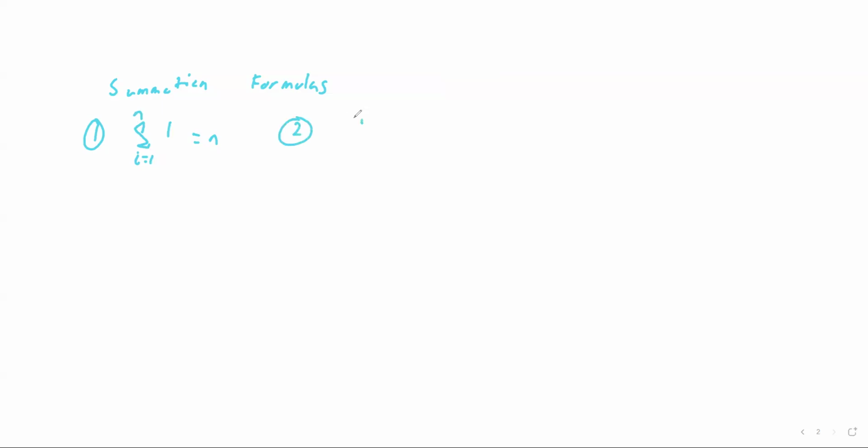The next one, if I have just a regular i, I can actually use this formula, which is n times n plus 1 divided by 2, and I would get my summation. And then the formulas from there kind of build off of that.